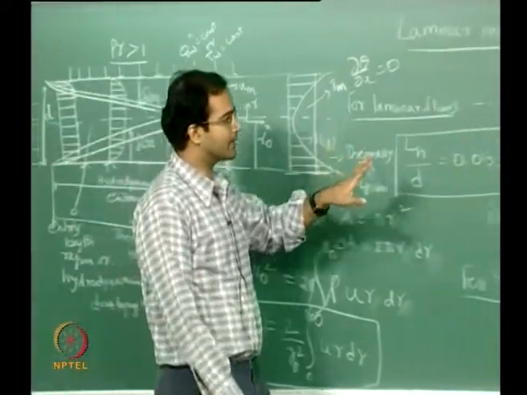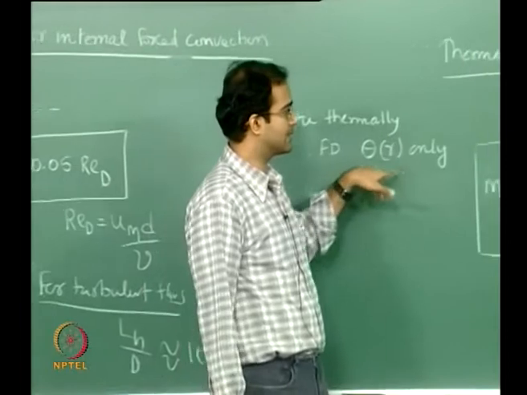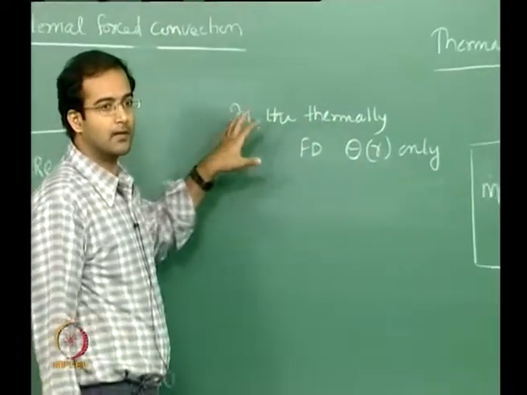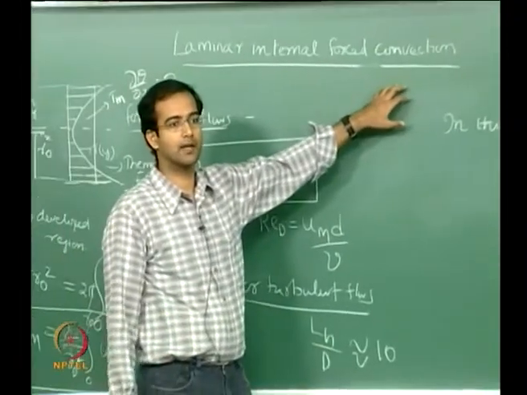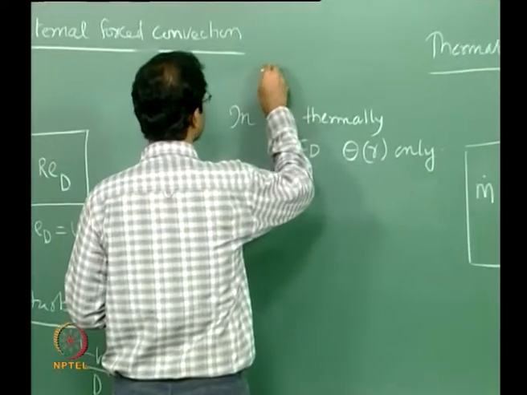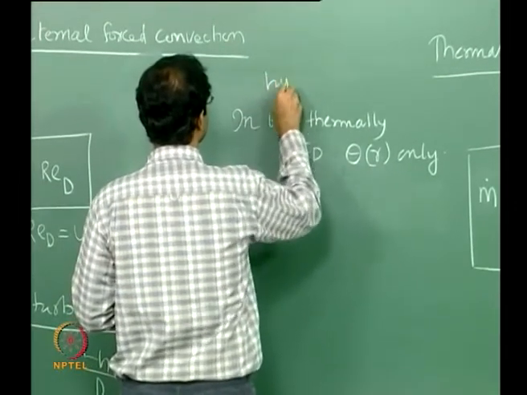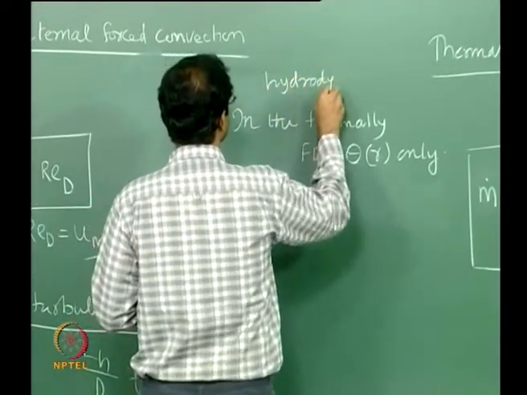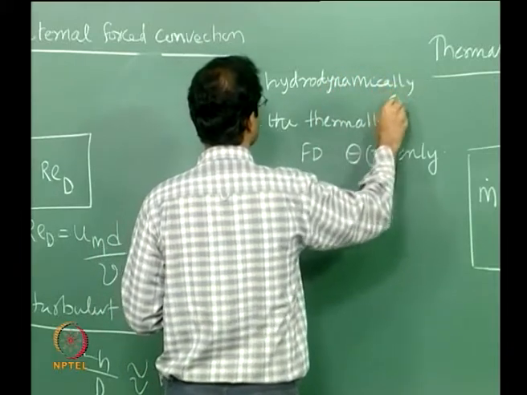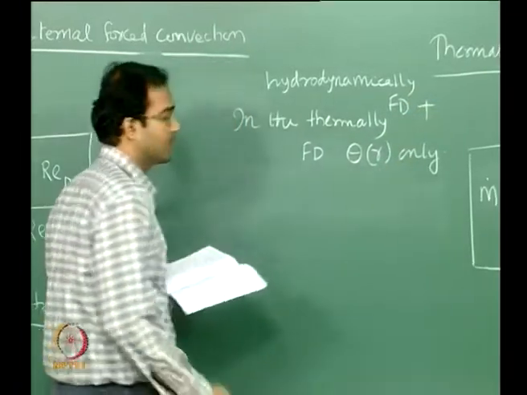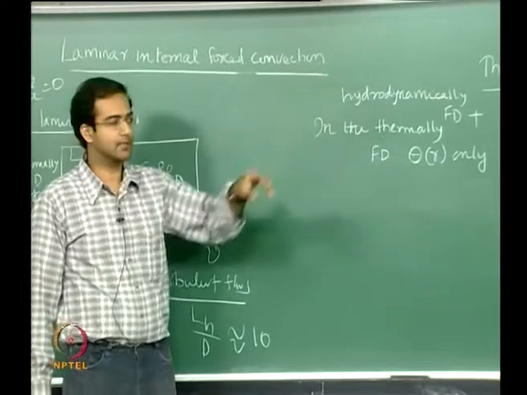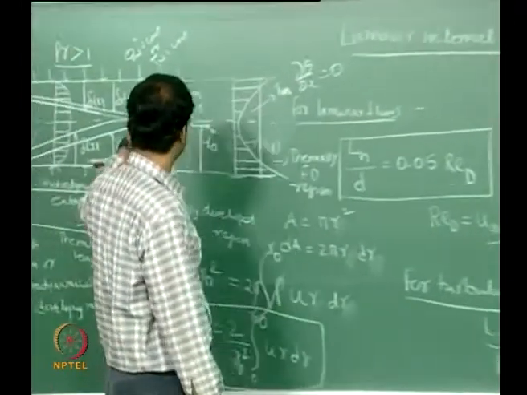Okay, but once it becomes thermally fully developed, it is a function of only r, provided your velocity is hydrodynamically fully developed. Okay, so it should be hydrodynamically fully developed first, and that's where we have taken a variation like this.